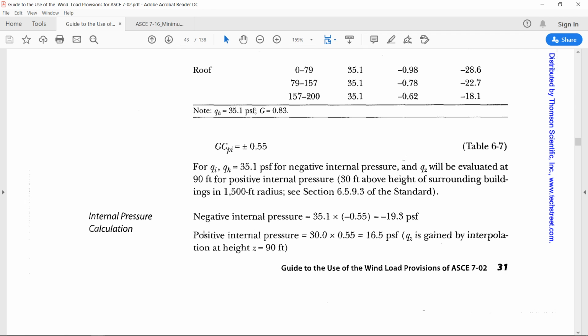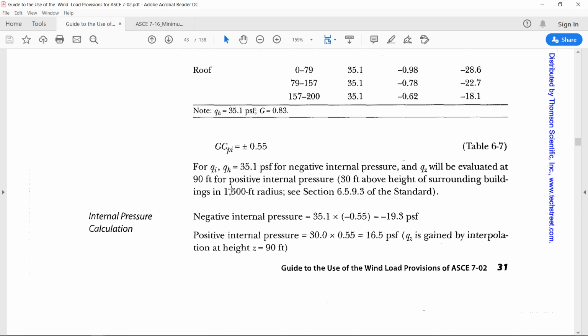But for positive internal pressure, the GCpi is taken as 0.55, but the qh is taken as 30, where it is mentioned as qz is gained by interpolation at height z, which is equal to 90 feet. Why 90 feet?